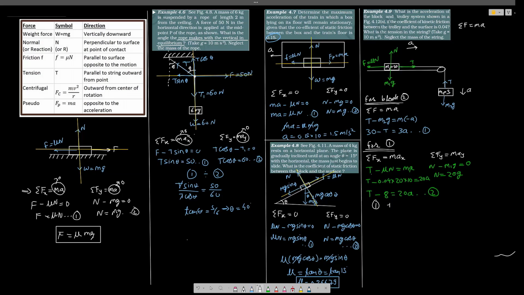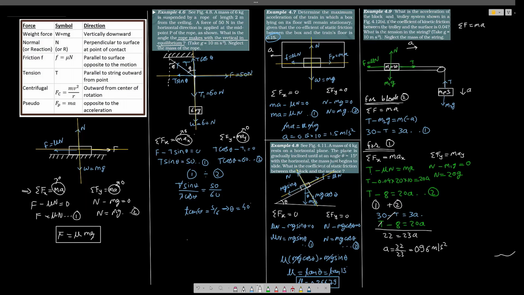Simply add equation number 1 and 2. Take the summation. T will be cancelled out. 30 minus 8, 22. 3a plus 20a, 23a. That will give us a equal to 22 by 23, or we can say 0.96 meter per second squared. This is only acceleration.